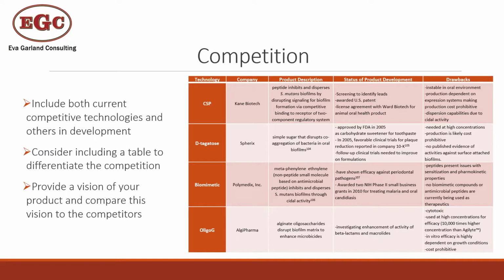In doing this, I generally present my competition first, then highlight those limitations, and then provide a vision of what your product is and how it addresses those limitations to conclude that competition section.